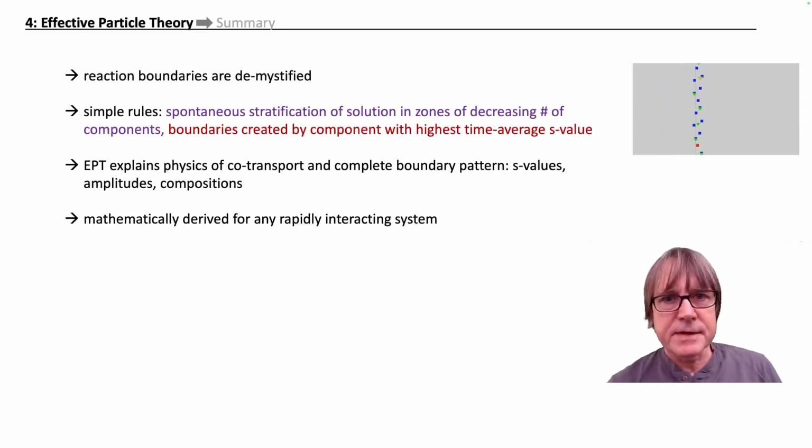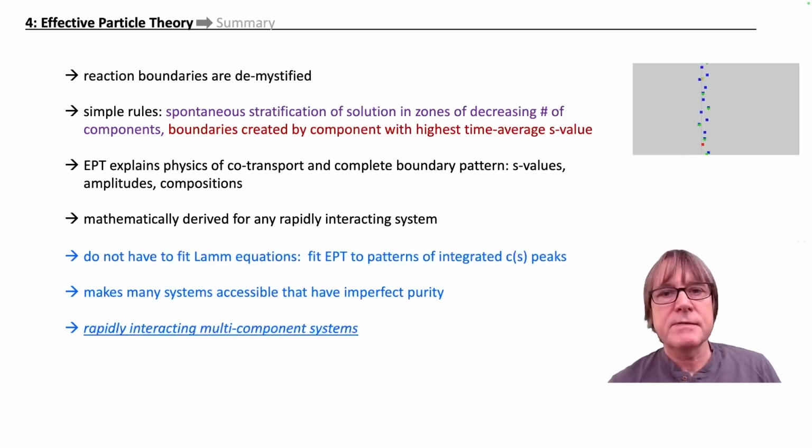Through math and physics, we have arrived at simple rules that center around the time average velocity of the molecules. Effective particle theory can explain the mechanism of cotransport, and in this way predict the entire boundary pattern, which includes the boundary number, their S values, amplitudes, and compositions, for any rapidly interacting system.